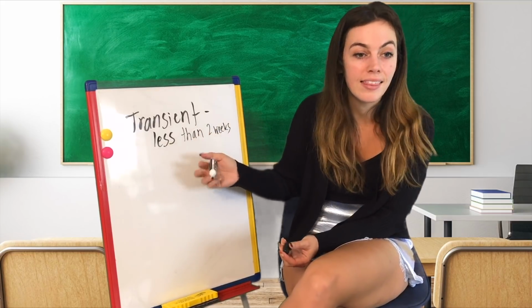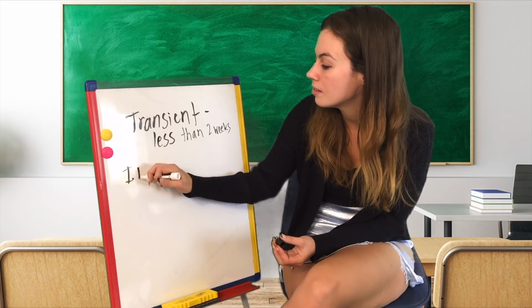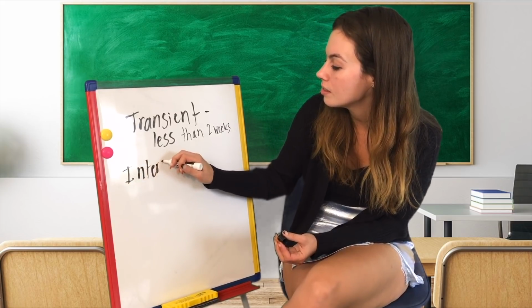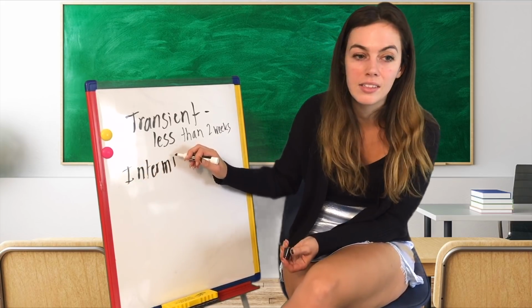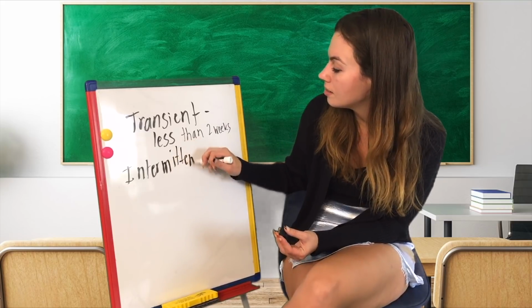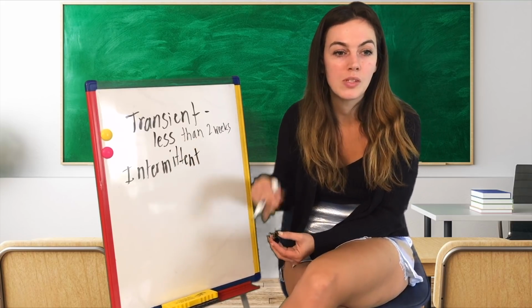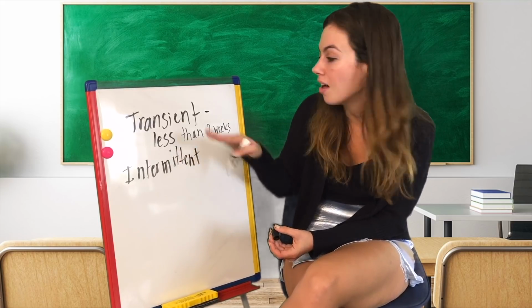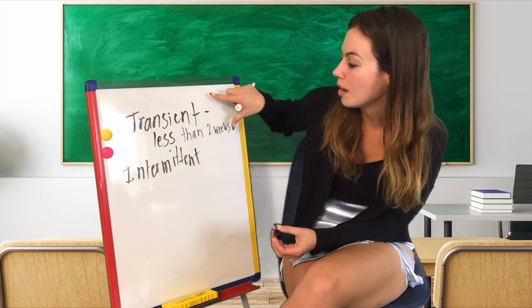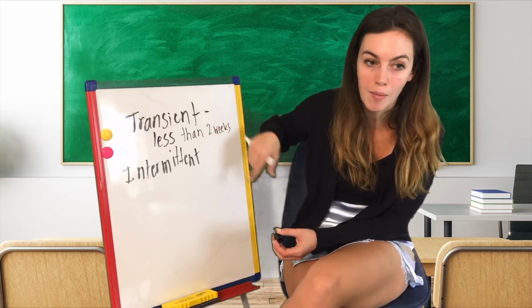Okay. And then we have intermittent, which is repetitive episodes of this transient. So maybe it happens less than 2 weeks, but then it keeps happening.